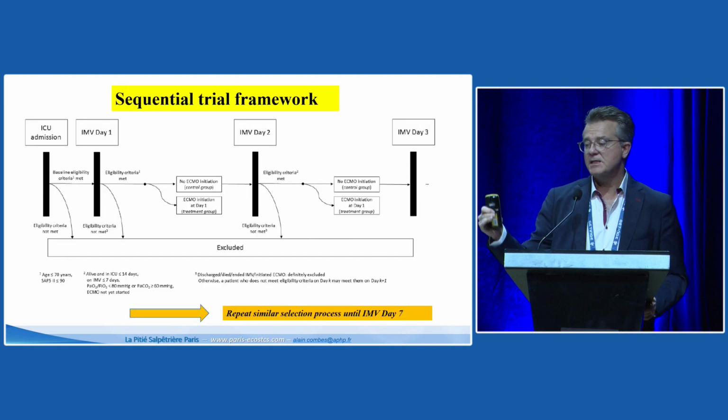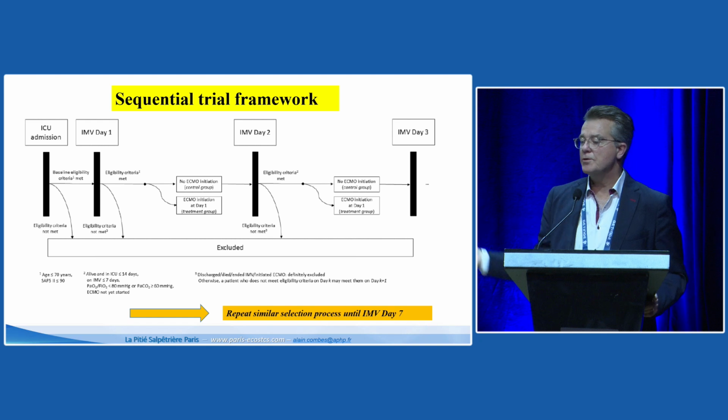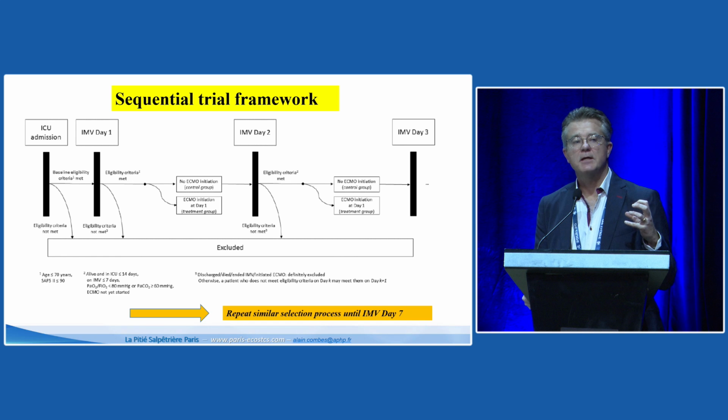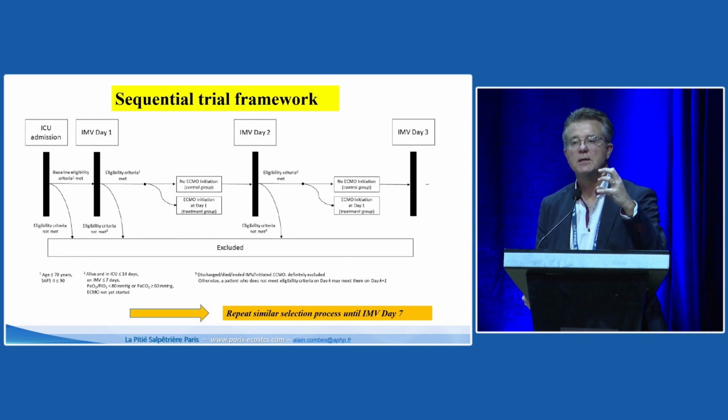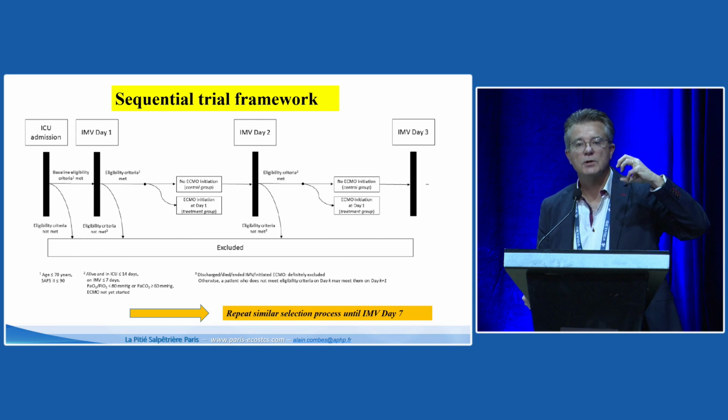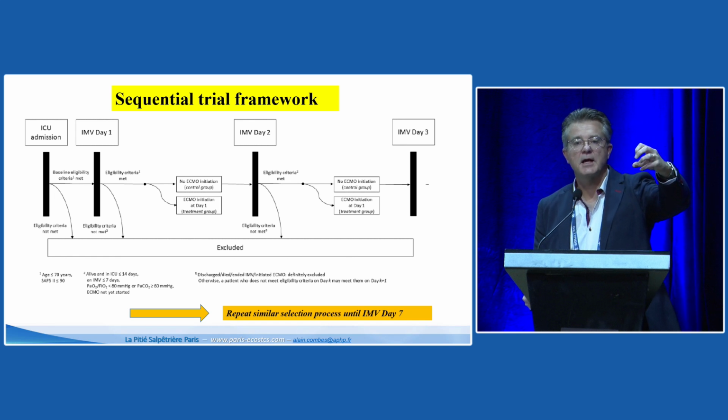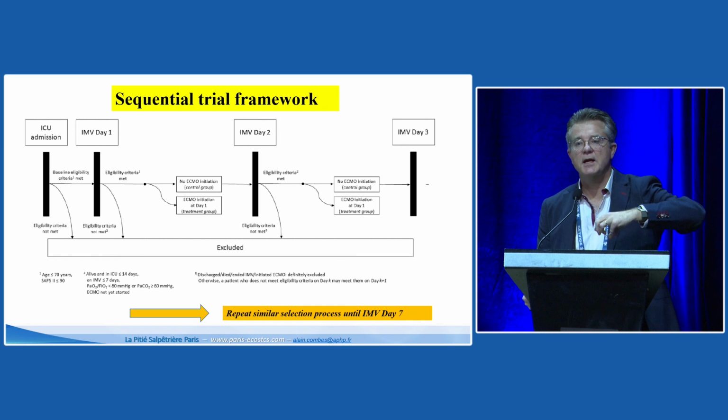So this is basically how it works day by day, and each day there is a specific sub-study which is created by patients who enter the ECMO trial or those who stay outside, who did not receive ECMO.